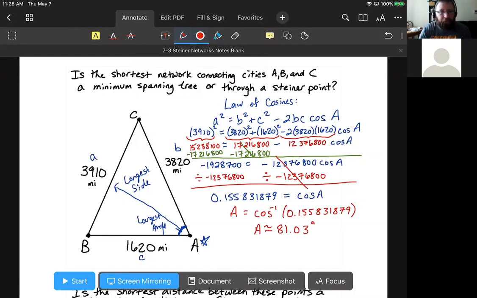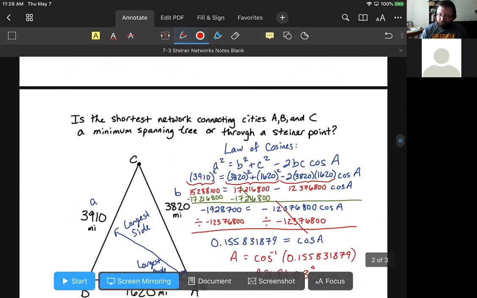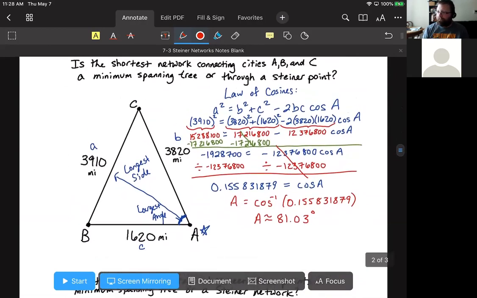Okay? Now that is the biggest angle in this triangle. So that is what we need to know in order to answer this question. Because if that angle, the biggest angle in the triangle, is less than or equal to 120 degrees, then that means our answer is that this is through the Steiner point. Okay?